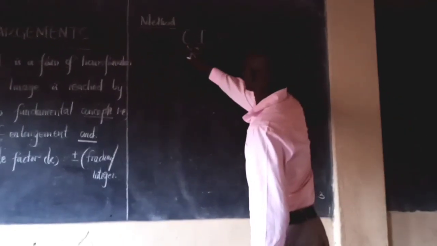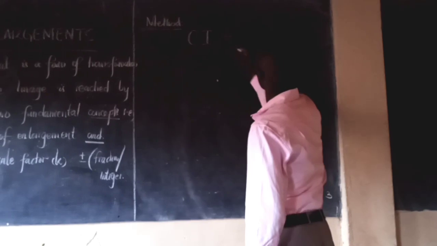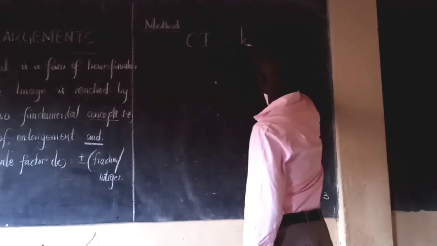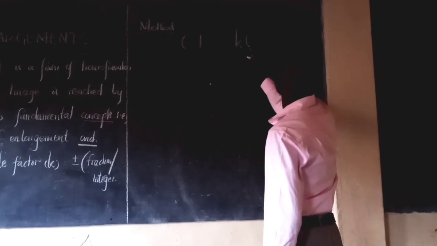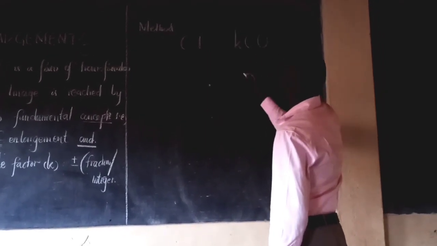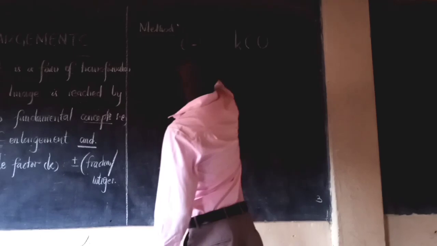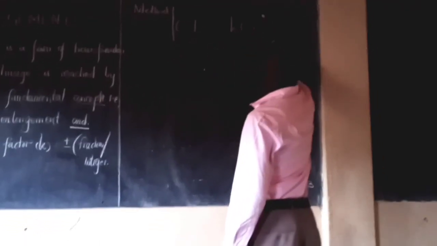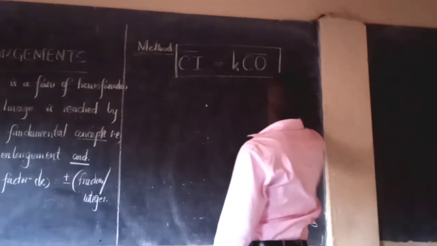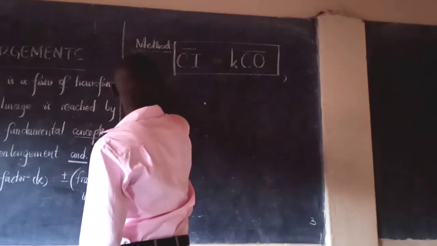The displacement from the center to the image is reached by getting our linear scale factor K multiplied by the displacement from the center to the object. And these are distances, just distances. However, the method is transformed.